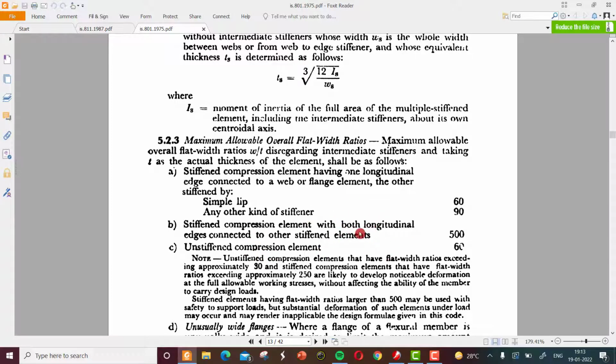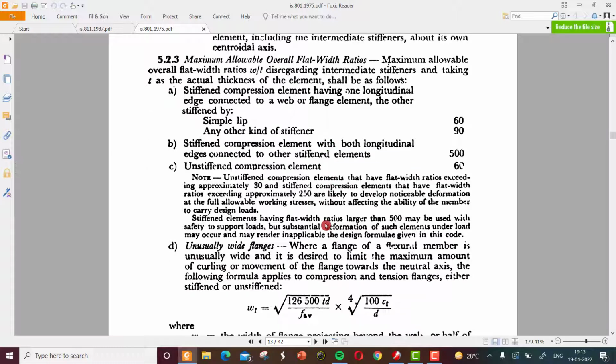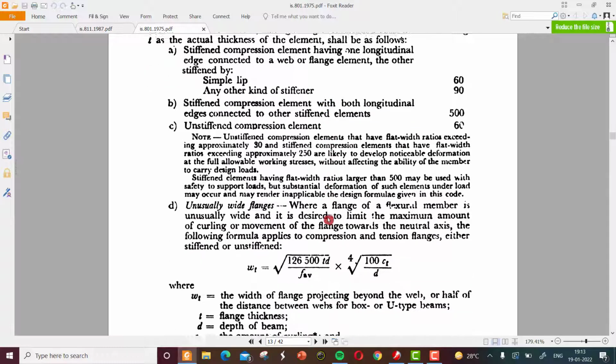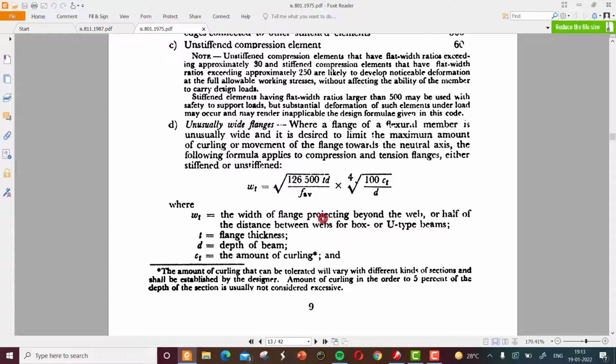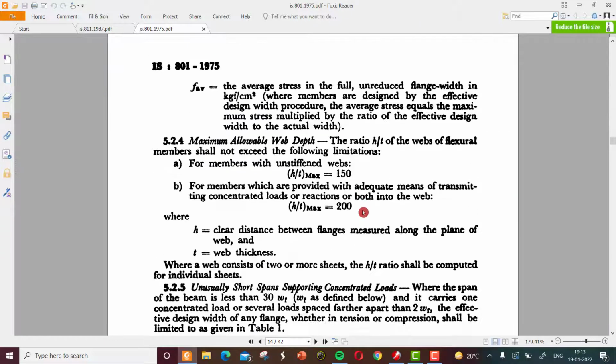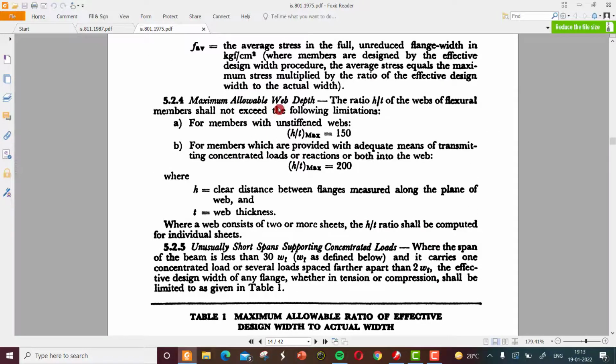We can't go beyond this. If the value is higher, it will be very slender and it will buckle very fast. Then initially wide flanges. After that, the maximum allowable web depth is also restricted for unstiffened and stiffened elements and for different types of loading.